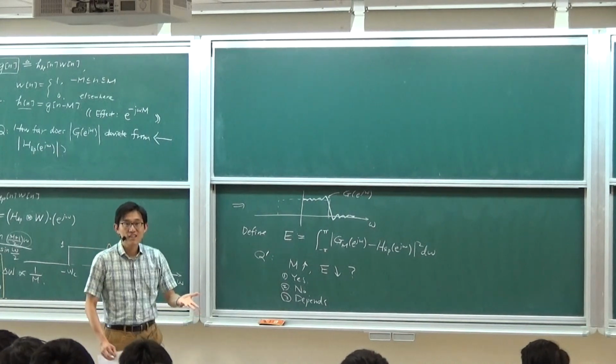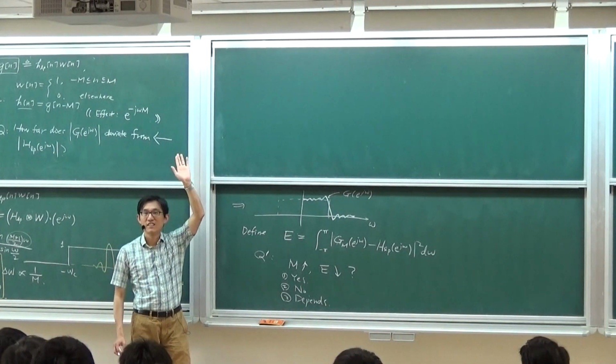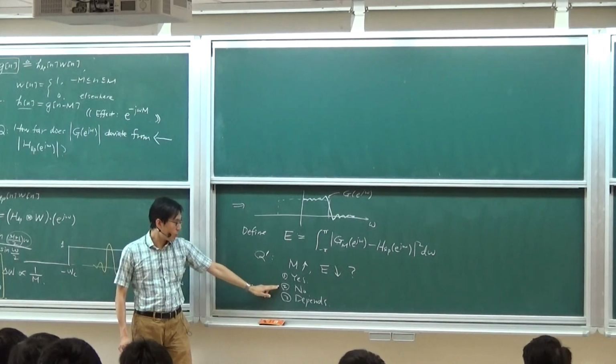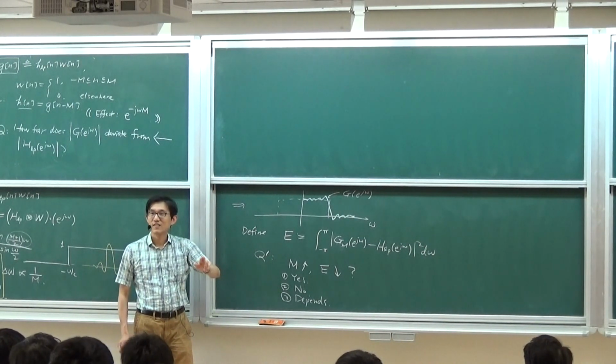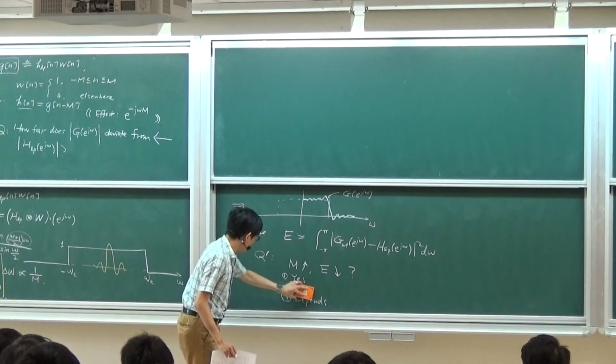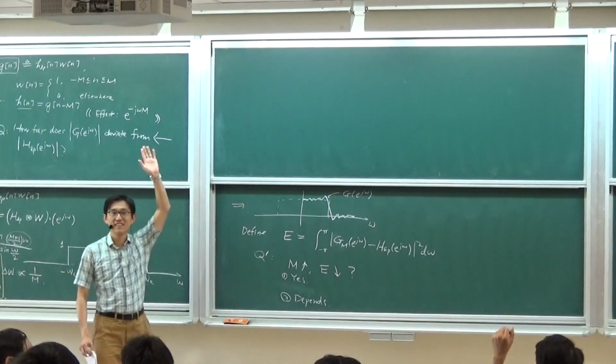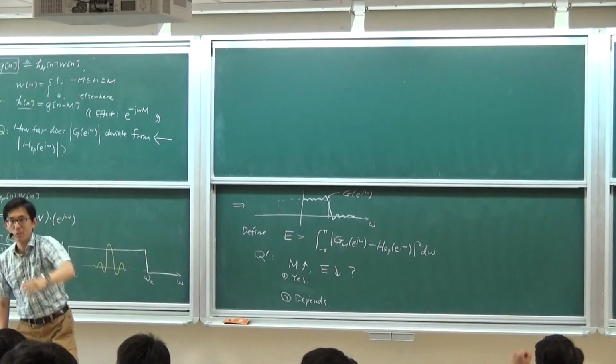It's possible, right? Yes? Raise your hand. No? Probably not no, so let's erase no. Asking you first, the choice is between 1 and 3. Depends, raise your hand. Why does it depend?